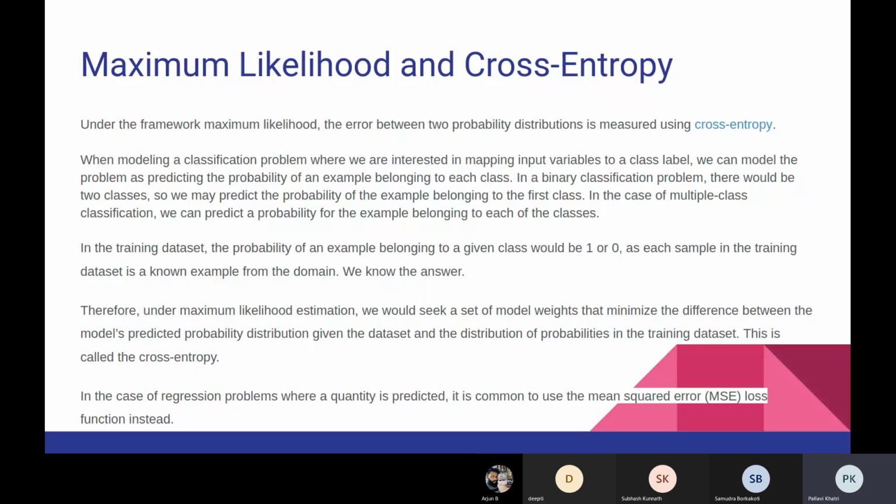Either this image can belong to class cat or it can belong to class dog. That is a binary classification problem, where I want to classify my object to a particular class within two classes. There will also be classification problems with more than two classes, where the image might belong to a class such as person, cat, dog, raccoon, and so on.